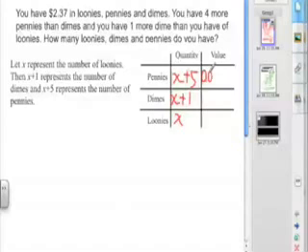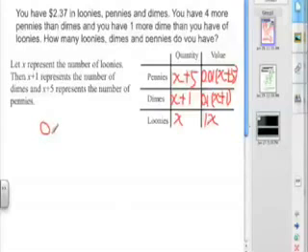For the value of pennies, we know that it is $0.01, so we will have 0.01 multiplied by (x plus 5). Next, for dimes, because we know it is worth $0.10, we will put the value as 0.1 multiplied by (x plus 1). Don't forget to put the x plus 1 and x plus 5 between brackets. And for loonies, all we have to do is 1x.